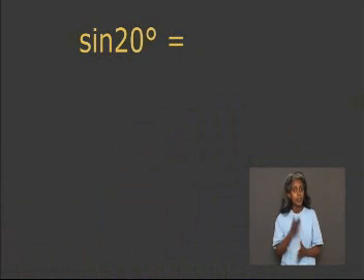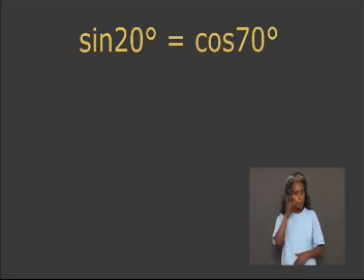If the sine of the angle is 20, and we know that cofunctions work on complementary angles, the cosine must be 70. Therefore, the angle is 70 degrees.